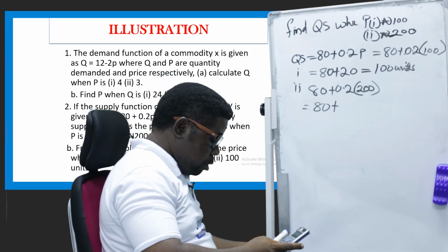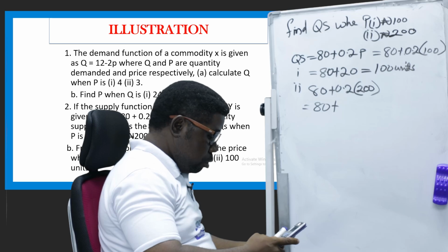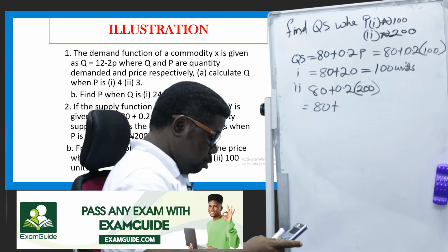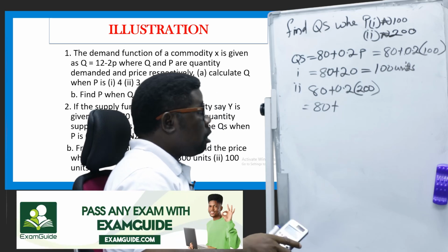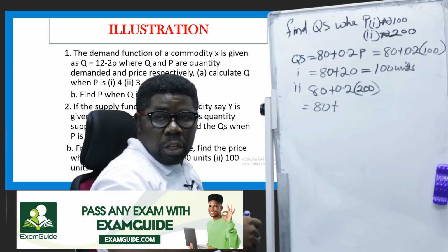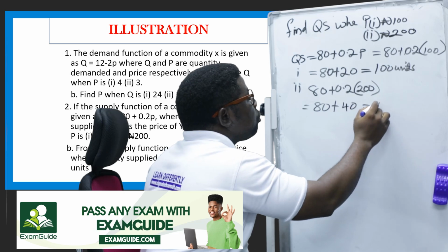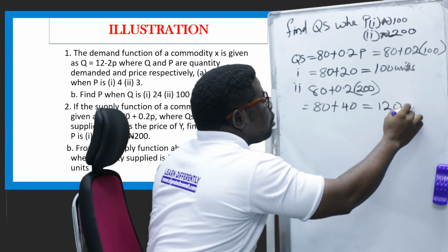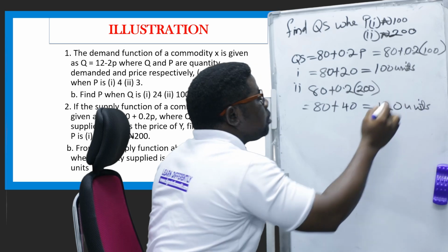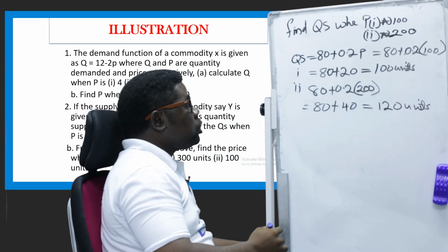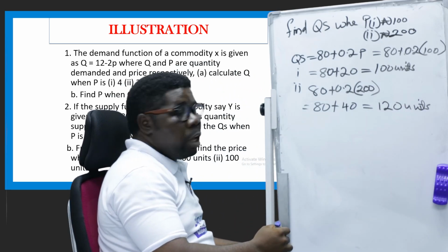So we have 0.2 times 200. That's 40, okay? So we just add 40, which will give you 120 units, all right? That is for the A part of number two.